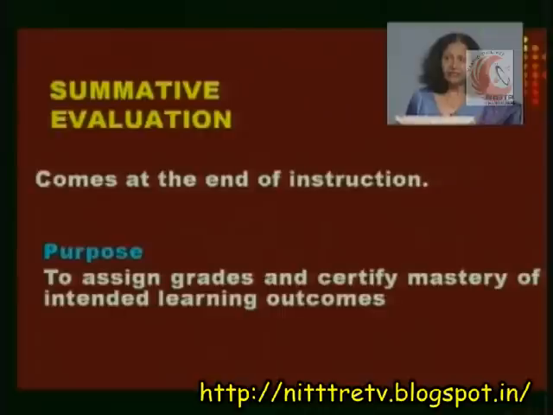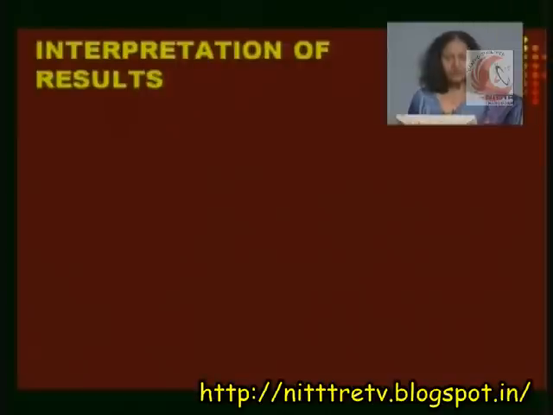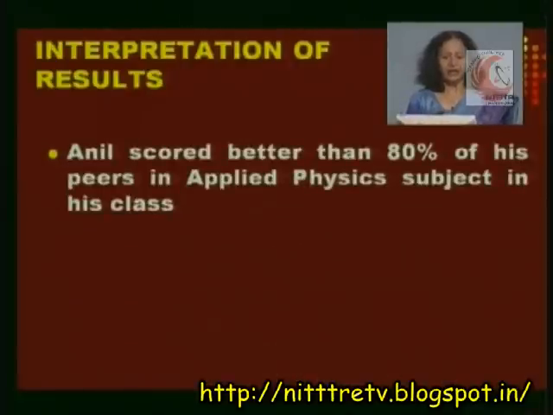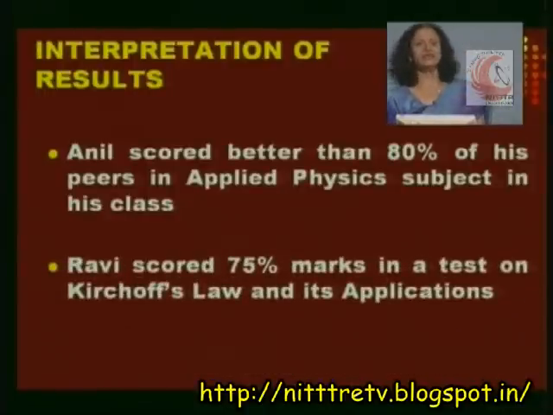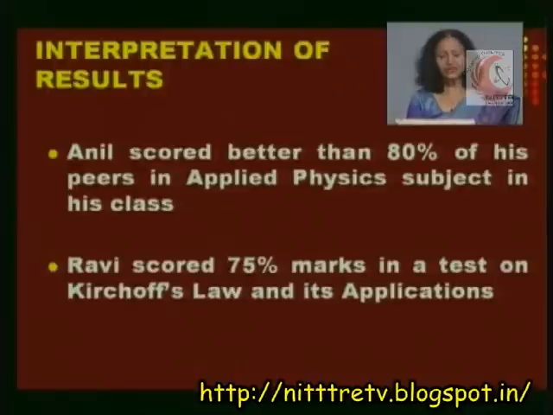Next thing which I referred to earlier is interpretation of test scores. For this I give you two situations. Just see, Anil scored better than 80% of his peers in applied physics in his class. Second situation is, Ravi scored 75% marks in a test on Kirchhoff's law and its applications.